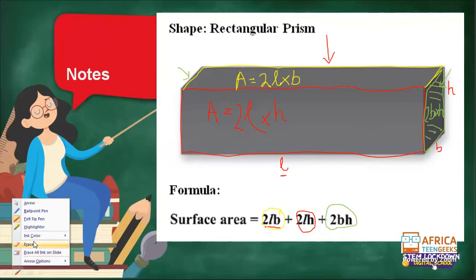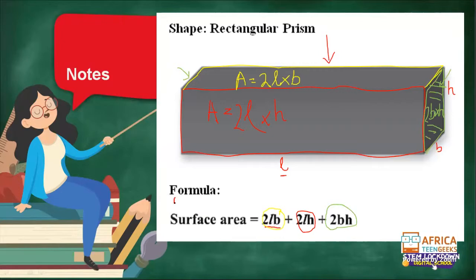So for an open box, your formula will be twice length times breadth, plus twice length times height.